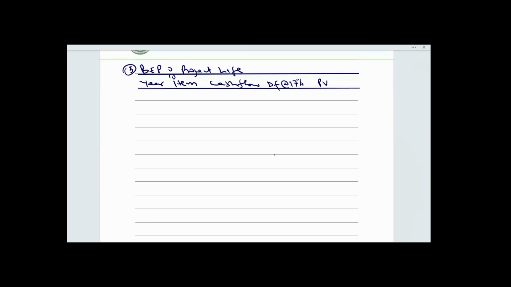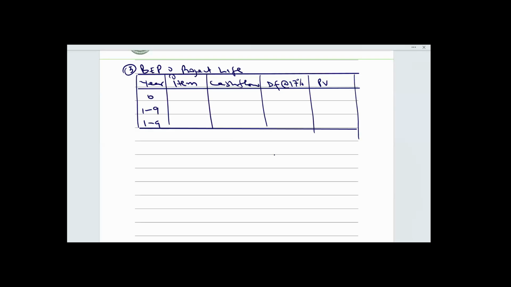Okay? So year 0, year 1 to 9. It's no more year 1 to 10 because we have reduced the life of the project by 1. A wise student would have gone ahead and give me an annuity factor of year 1 to 9 before I ask you.